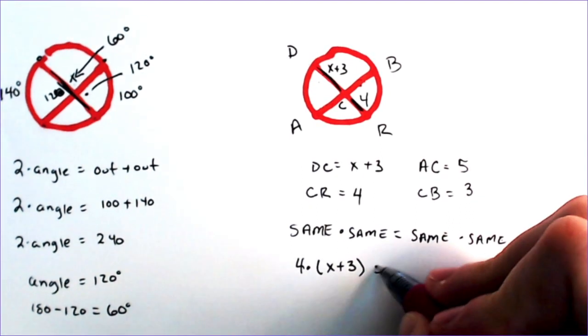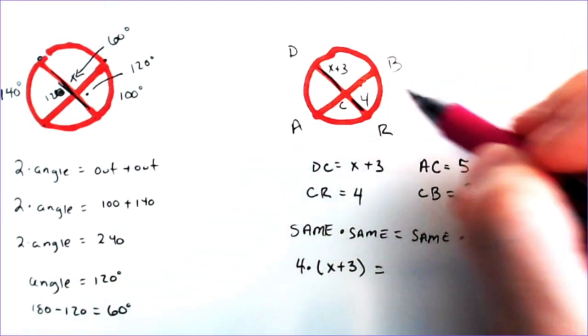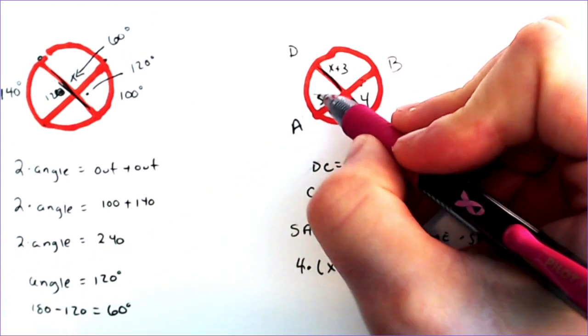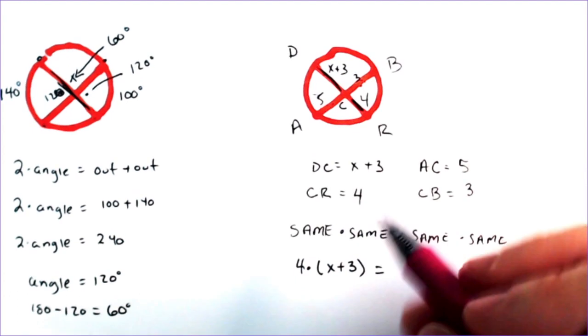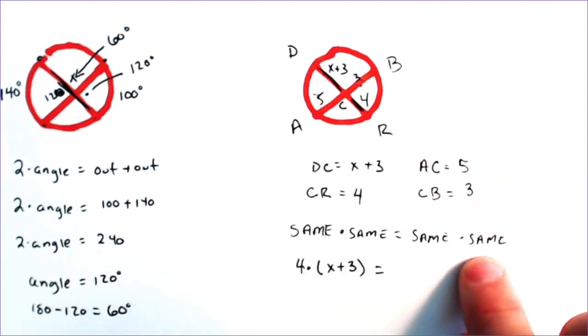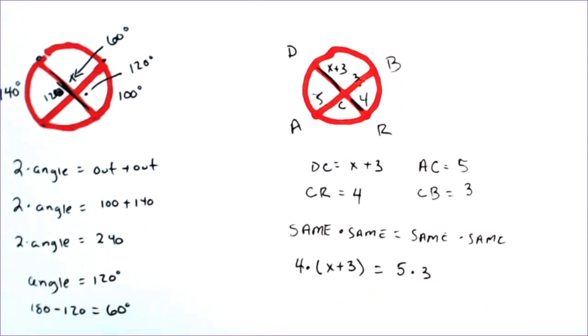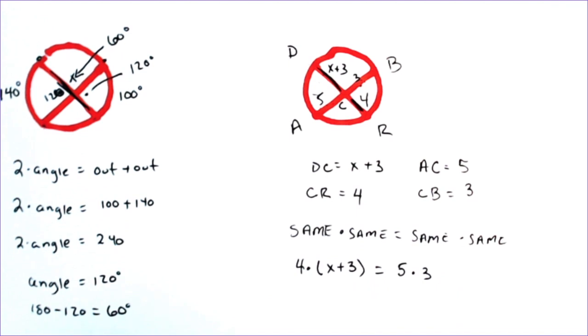And that would have to equal my same side times my same side, which in this case is going to be A to C, which is 5, and C to B, which is 3. So I would have to take my same times my same for the other part, which would be 5 times the 3. And it doesn't really matter which order you put the two same sides in, because when they're multiplied together, it just balances out.